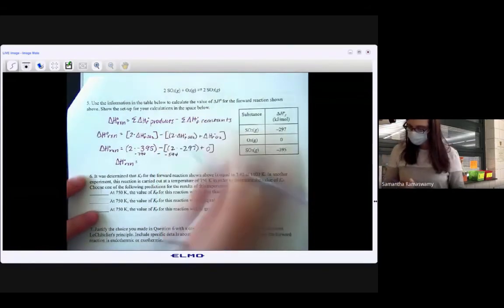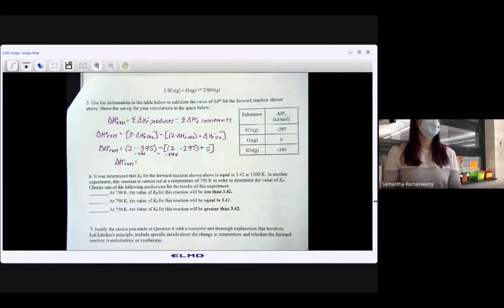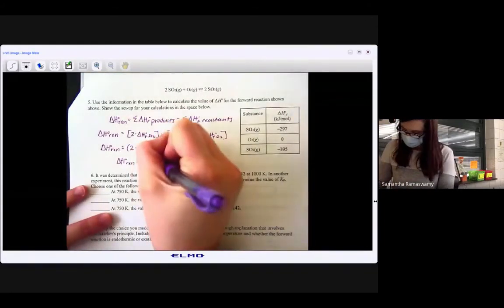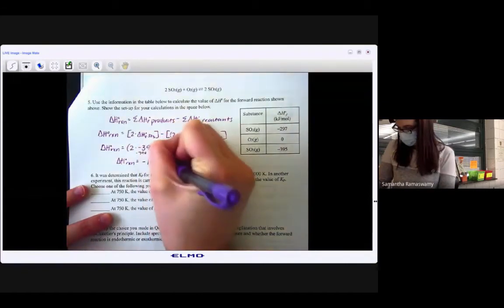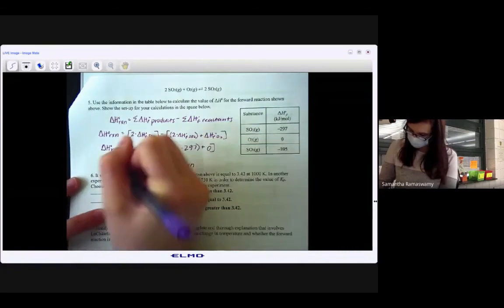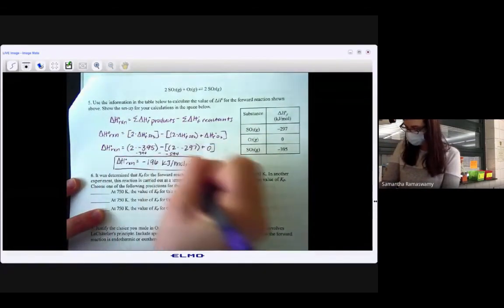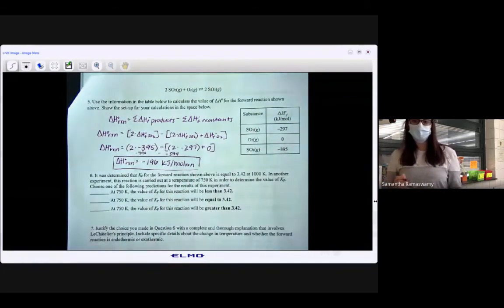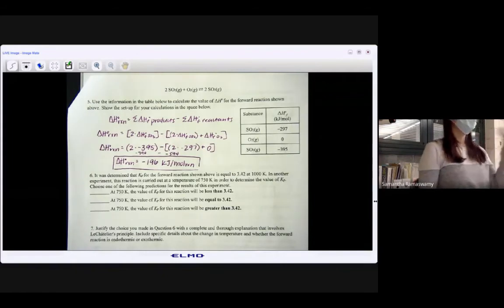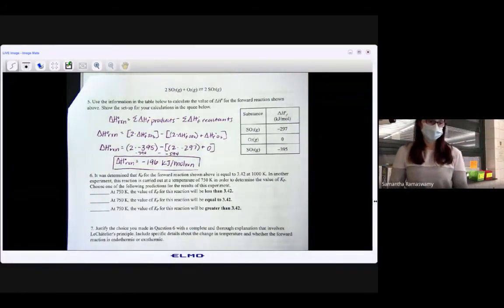So negative 790 minus negative 594, negative 196 kilojoules per mole of reaction. You just did kilojoules, that's okay. The per mole of reaction, it's like mole of RXN. That just means for every one reaction that happens, delta H is negative 196 kilojoules.